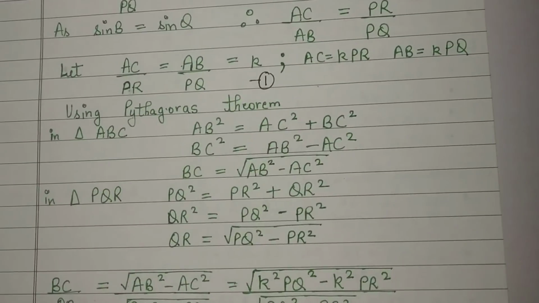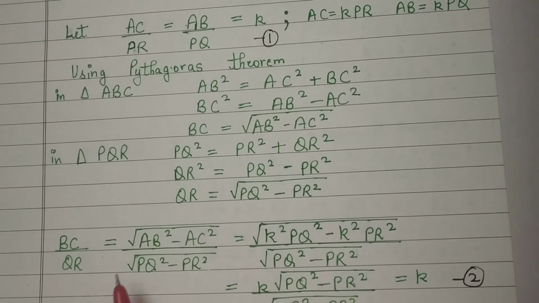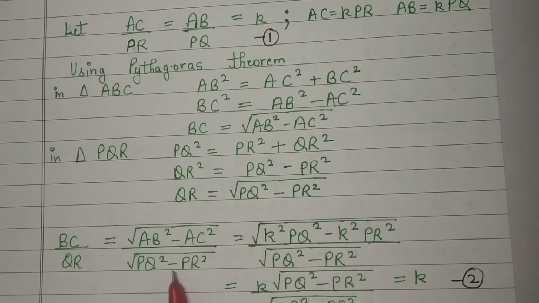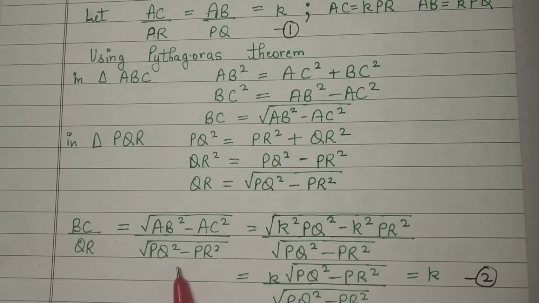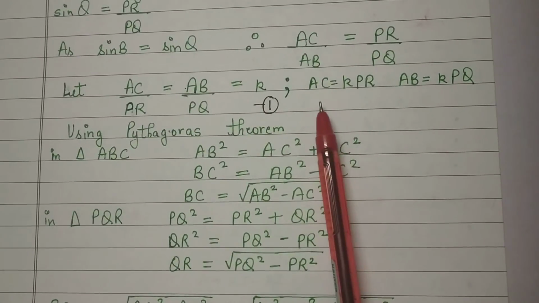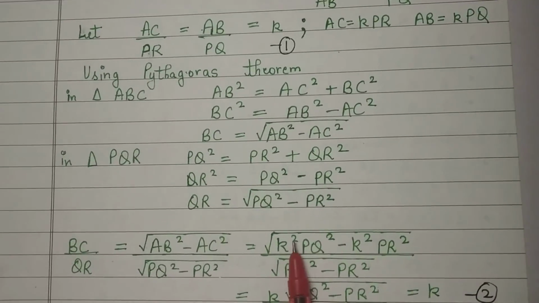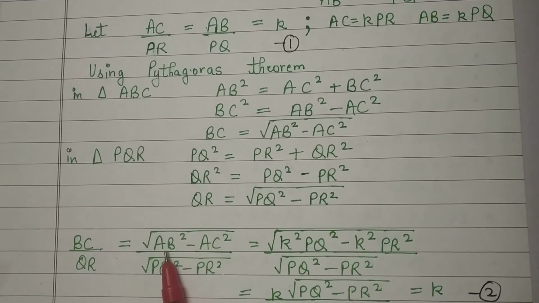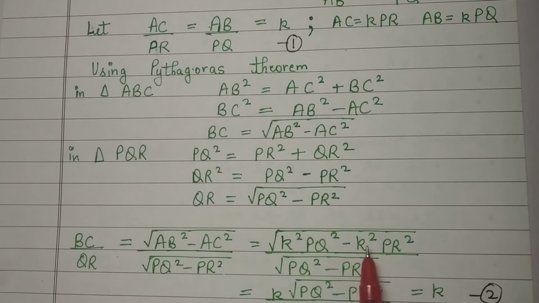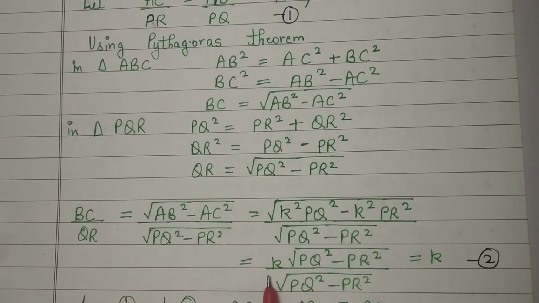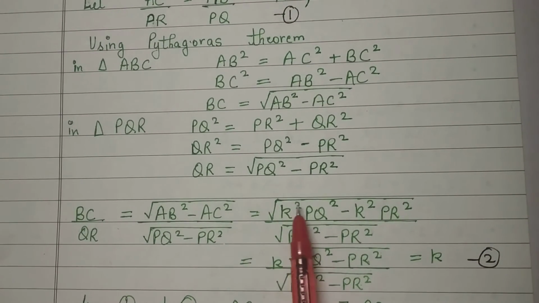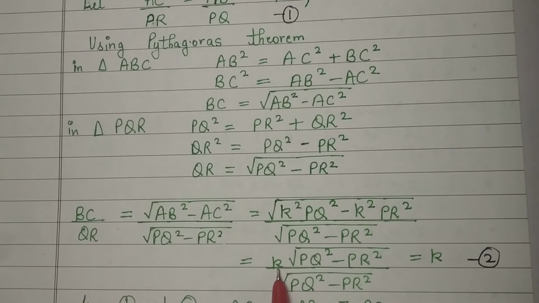So now BC by QR, putting the values here of the roots. Now I have found the values of AC and AB. Put these values here: K square PQ square as the value of AB, and K square PR square as the value of AC. Now taking K outside the root, it will be written as K after coming outside the root.